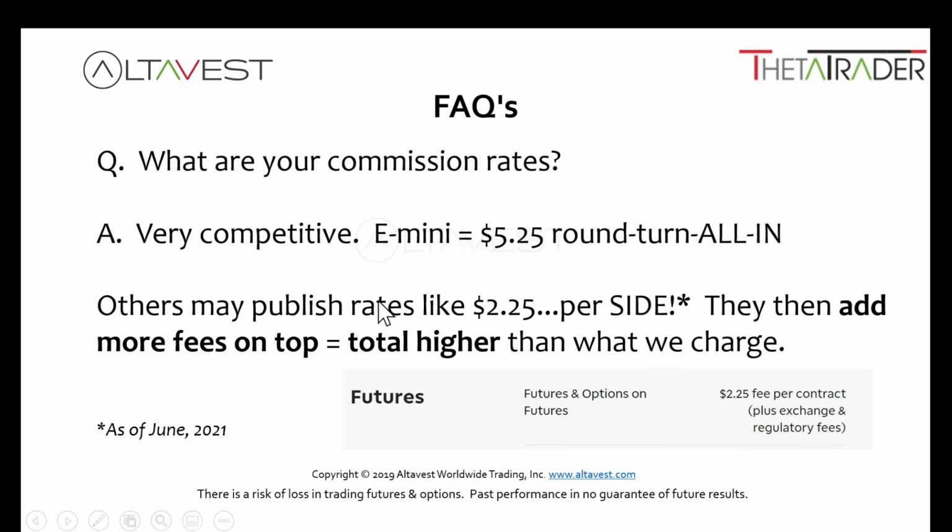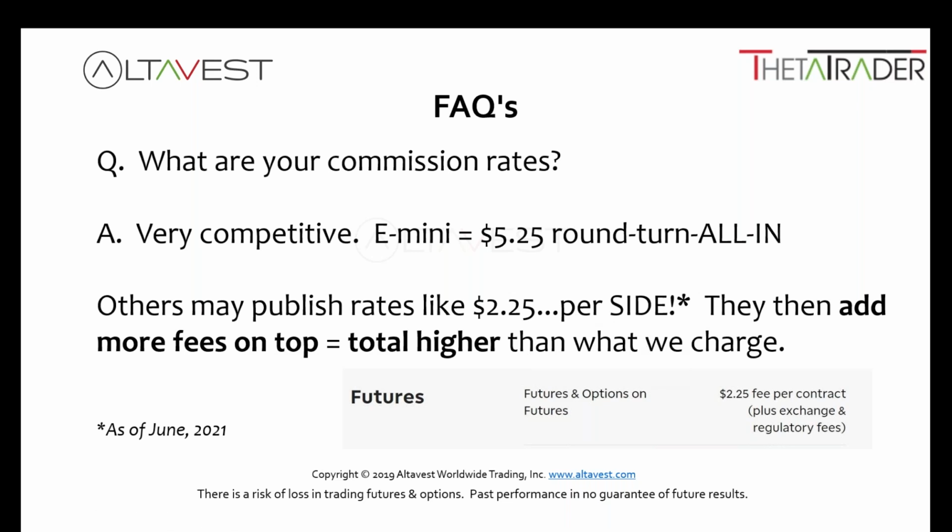That's everything. Now, I just took this the other day off a large brokerage firm's website, a securities brokerage, and here's their rate on futures and options: $2.25. But if you look at the fine print below, it's per side. So when you get in, when you get out, and then they add more fees on top, like clearing and exchange fees.